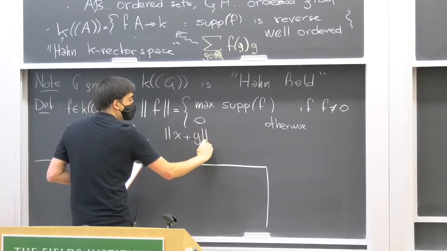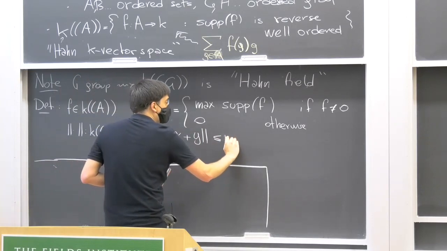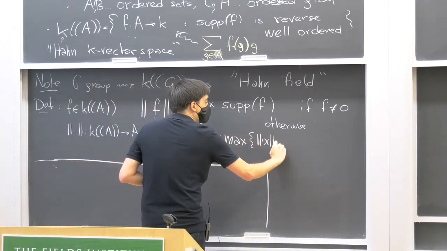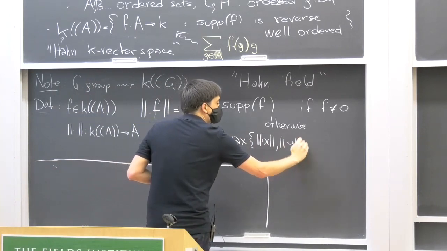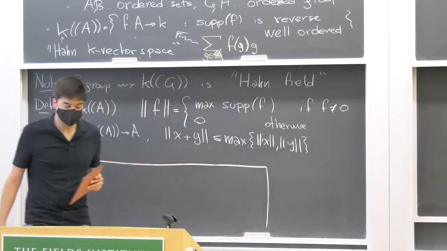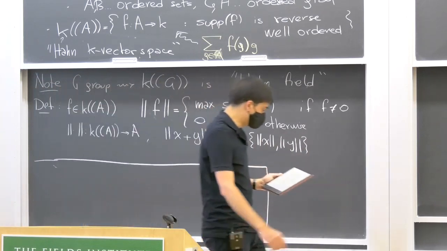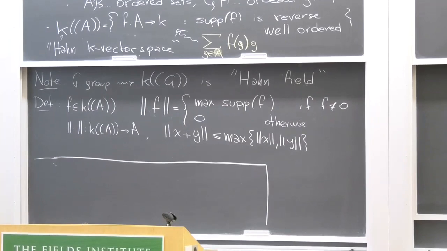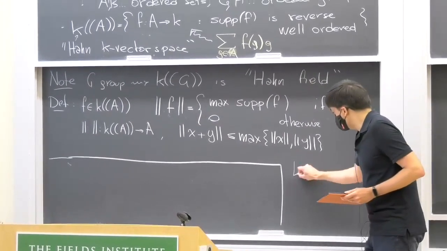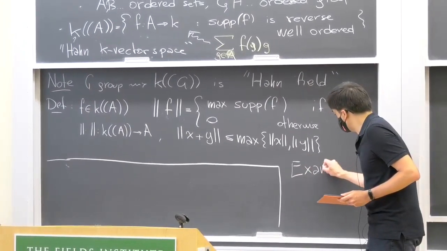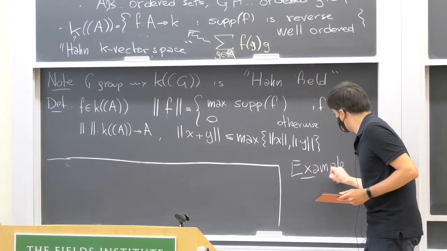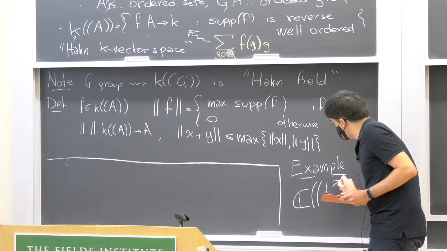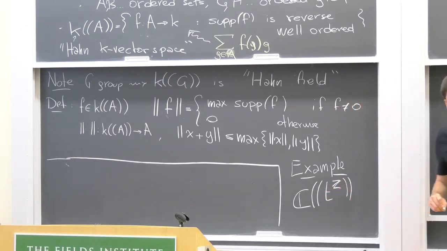So norm of x plus y is less than or equal to the maximum of the norm of x and the norm of y. Okay, so that's how I want things to be. Okay, and then let me make the usual example: Laurent series.